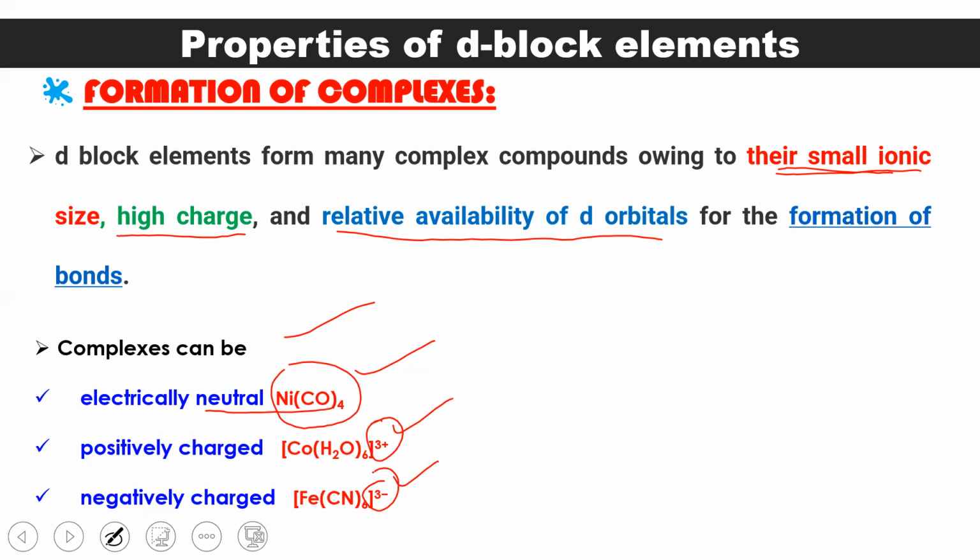So remember these factors: small ionic size, high charge, and relatively available partially filled D orbitals and empty D orbitals. Due to these factors, they can form neutral, positive and negative complexes.